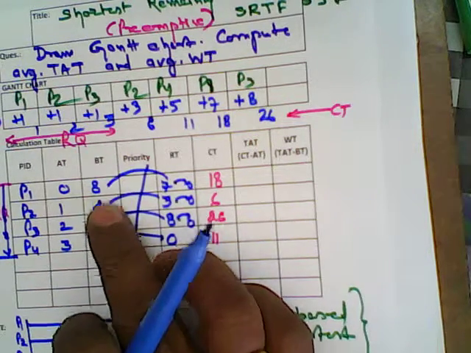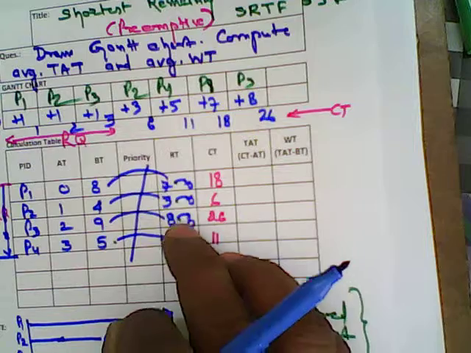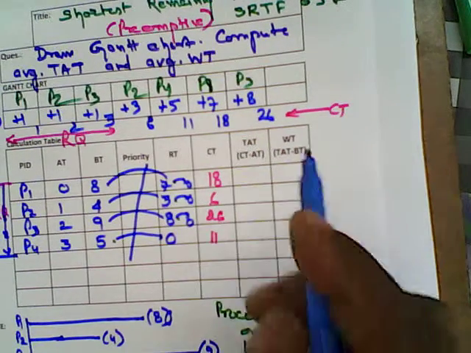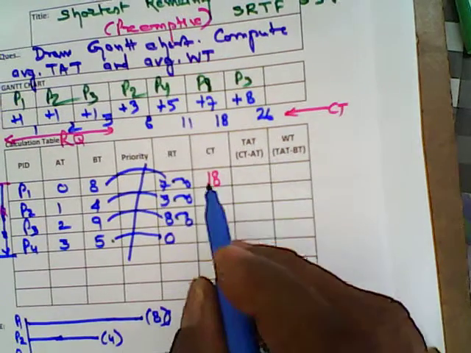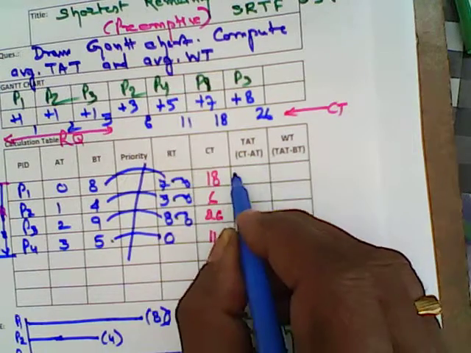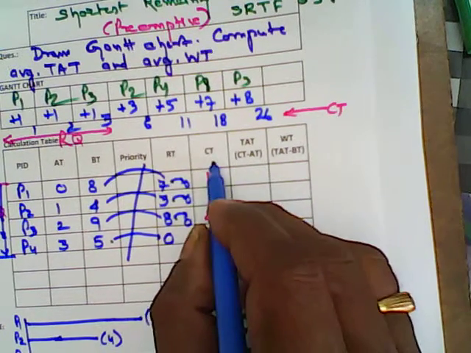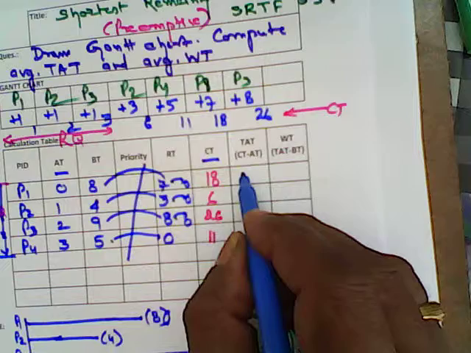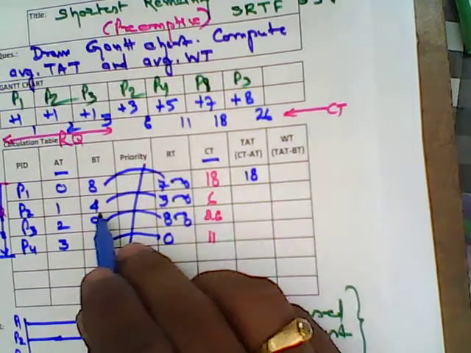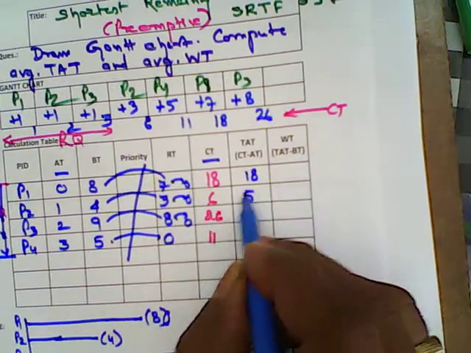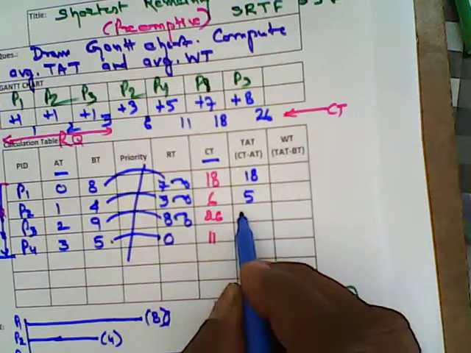Now let's compute the TAT. TAT is nothing but completion time minus arrival. 18 minus 0 is 18. 6 minus 1, 5. 26 minus 2, 24. And 11 minus 3, it is coming 8.